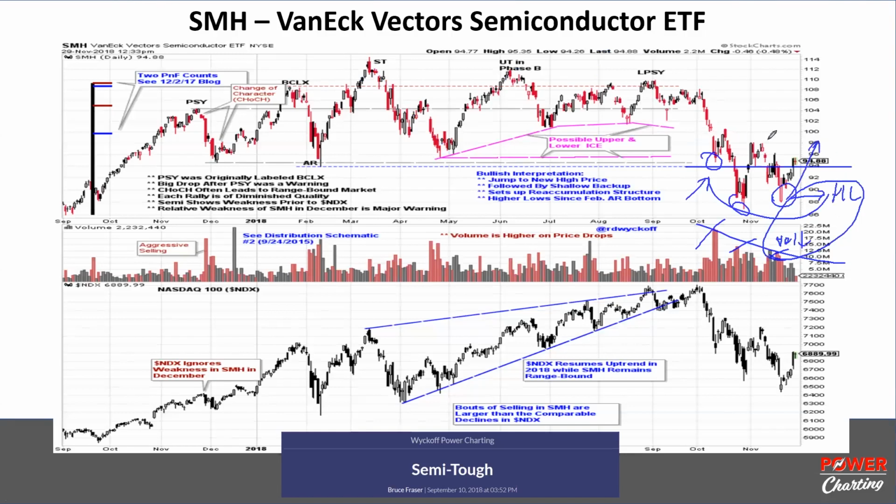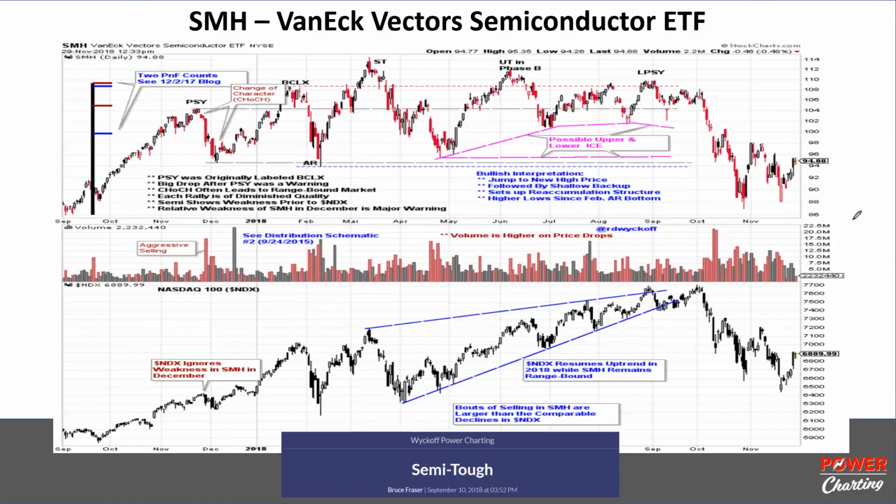We would be expecting a good rally to overcome a short-term intermediate resistance, and maybe come to one half of the trading range at least, and have some kind of retesting of that one half mark. Bruce, what do you think might happen short term, and also how is SMH behaving relative to Nasdaq?